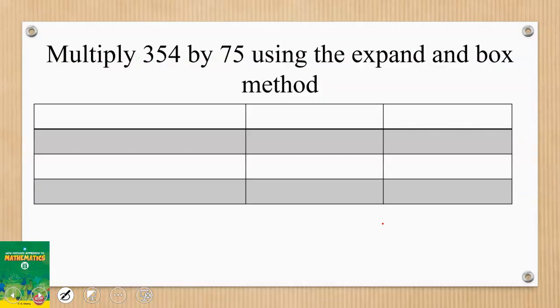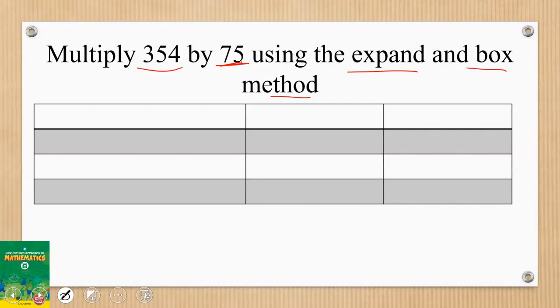Let's say, for example, you are given 354 to be multiplied by 75 using the method called the expand and box method. So what you do is that you expand the first number and then you multiply each of the expansion by 75, which has also been expanded.